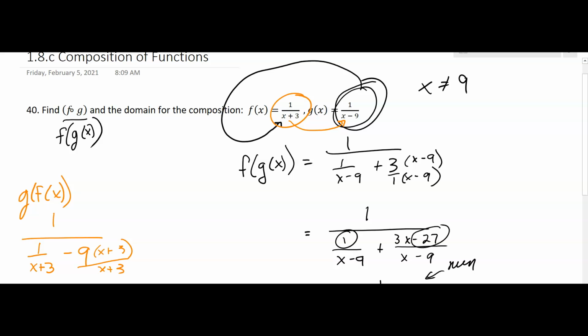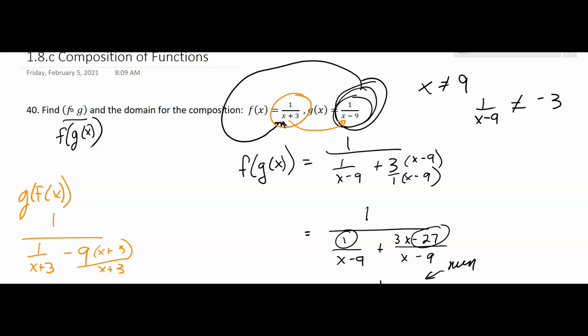And then you can't have 1 over x minus 9 be equal to -3, right? Because if the output of that function was -3, then it would make f of g of x have a 0 in the denominator.